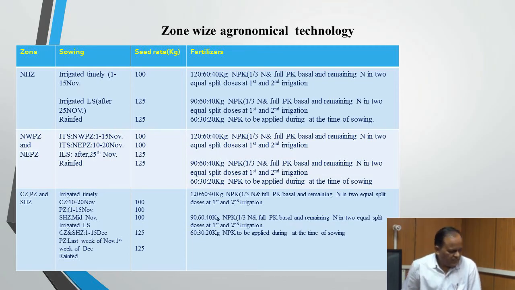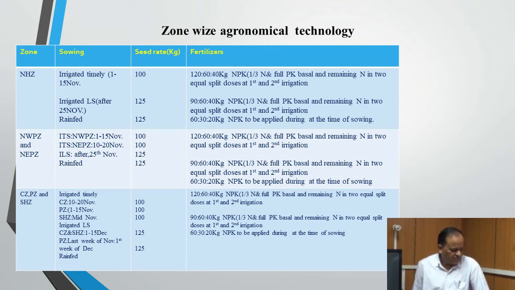Now the central and plateau zone. You can see from this table that the irrigated timely sown condition in central zone is 10th to 15th of November, plateau zone is 1st to 15th of November, then southern hill zone is mid-November.